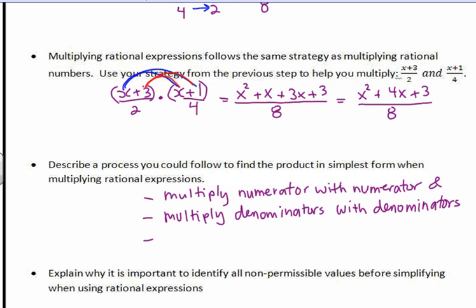Very good. Now in all of this, what do we have to remember to do? Also, always with rational expressions, there's always like this extra piece that we tend to forget about. So we always have to simplify and also state the NPVs. And we always state them before things cancel out, right? So we're comparing it to the original expression.